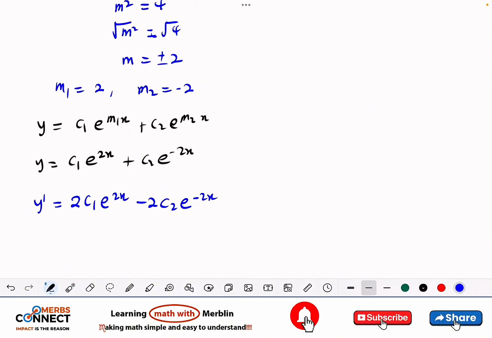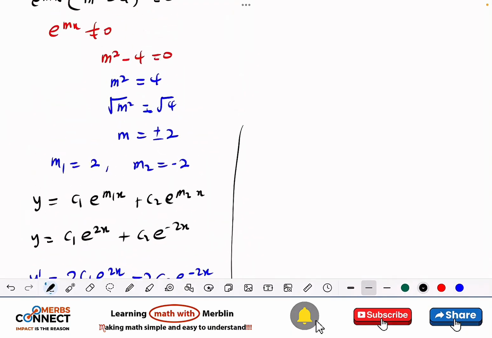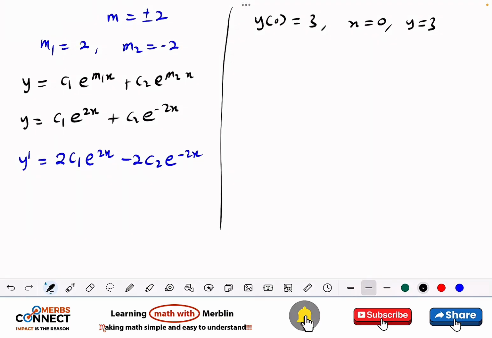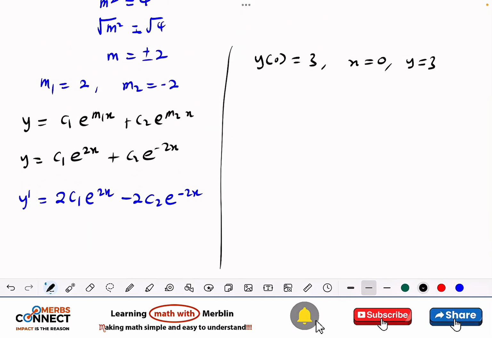Now let's use the initial conditions. The first initial condition is y of 0 is equal to 3. So x is equal to 0 and y is equal to 3. Don't forget, this is the general solution. The one that involves y and x is this one.